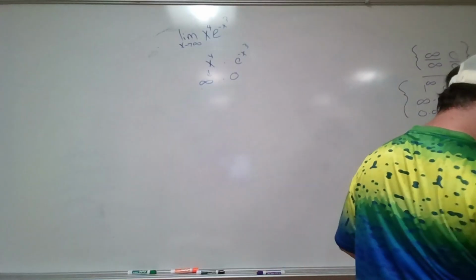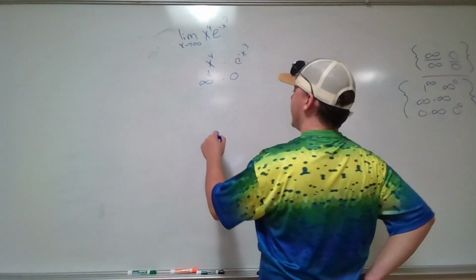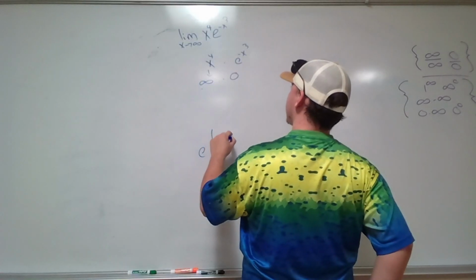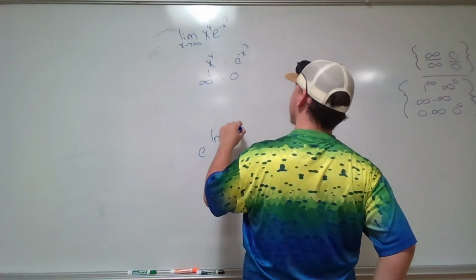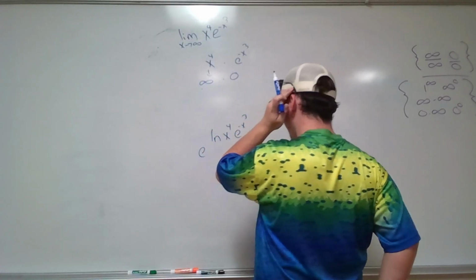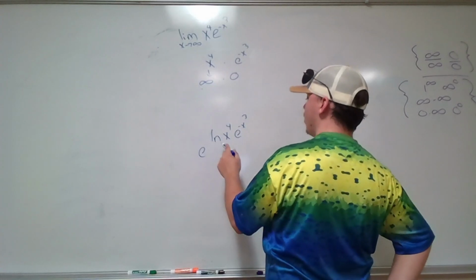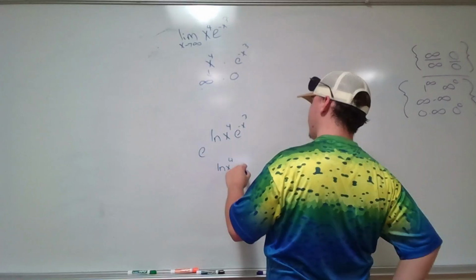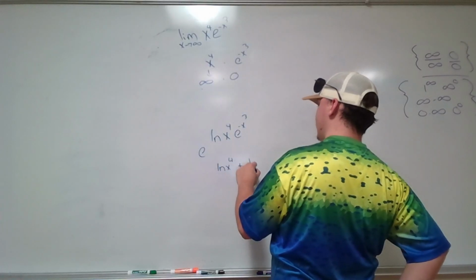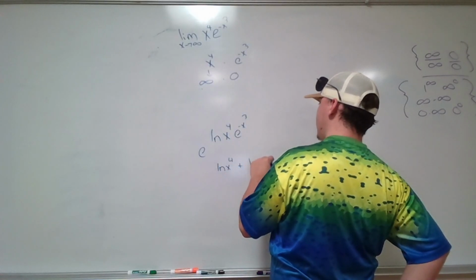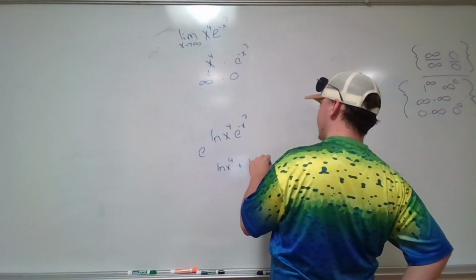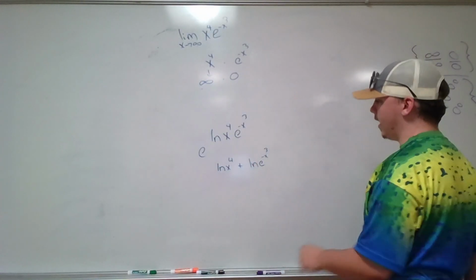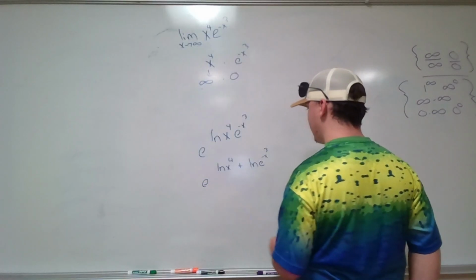So let's do this real problem here. ln of e to the power of ln of x to the fourth times e to the negative x cubed. What do we get? Well, we can separate these into ln x to the fourth plus ln e to the negative x cubed. And of course, e all the way down here.